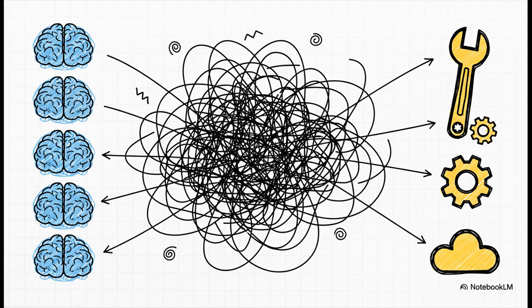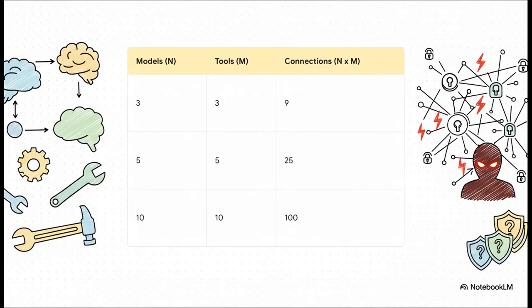N is just the number of AI models you have, and M is the number of tools you want them to use. The problem is, for every single one of those pairings, a developer has to sit down and build a totally custom, one-off connection. And just look at how fast this spirals out of control. You've got 10 models and 10 tools, and bam, you're suddenly on the hook for building and maintaining 100 unique connections. It's a massive bottleneck for developers. It just doesn't scale. No way.